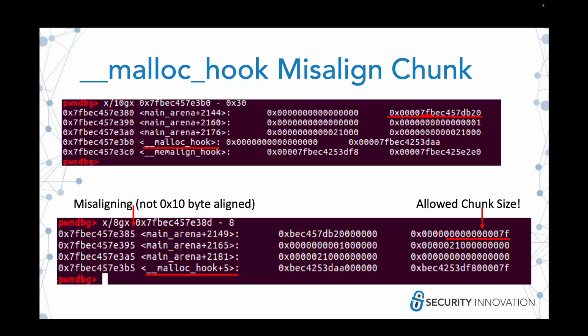And if we put this address into the largest fastbin, it actually would work. The 7F here is very useful in this case, and it acts as a fake chunk size. So then later when we write to this, we can actually write to the malloc hook, corrupt it, and if you can change it to be an arbitrary value, then you can cause all sorts of havoc, which is awesome.